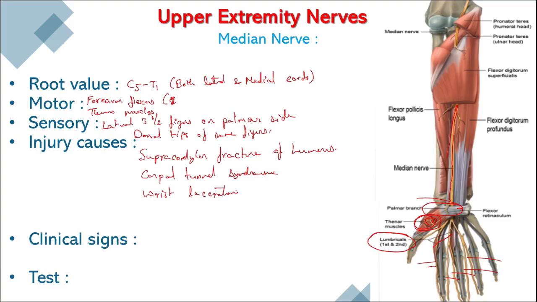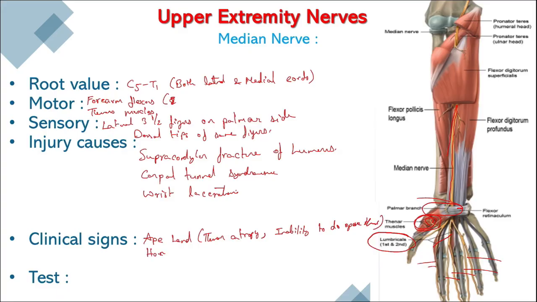Okay, so what are the clinical signs we can see in median nerve? In clinical signs mostly we have to think about ape hand. If any patient has ape hand, then we have to think about thenar muscle atrophy, and the patient has inability to do opposition of the thumb.